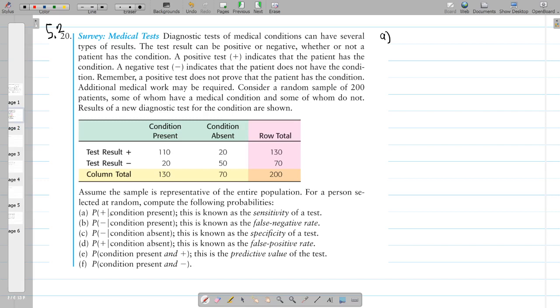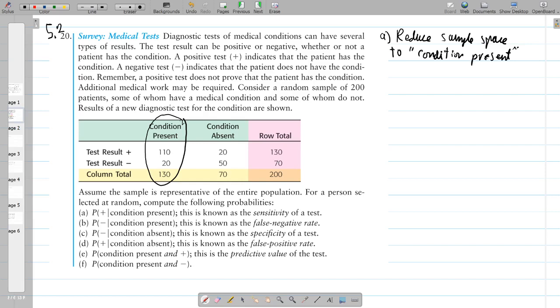So the condition in A, we want to reduce the sample space to just when the condition is present. Just look in that column when the condition is present.